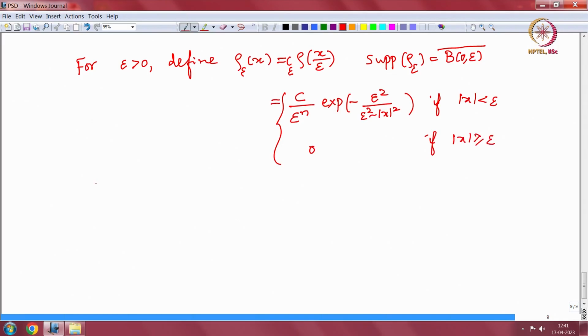So, in all these cases we just see that the integral of rho epsilon x dx is also 1. So, this is important to maintain.